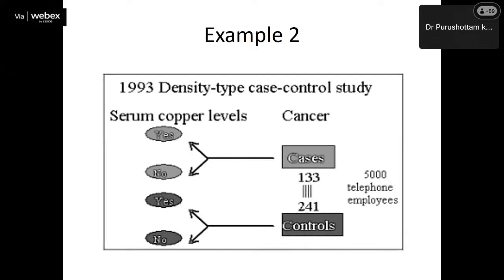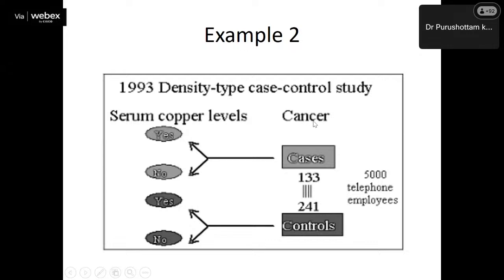Now this is example 2. Here in 1993 a density type or nested case control study was done. Here 5,000 telephone employees, they collected the blood sample of those persons, and over a period of 10 or 15 or 20 years, they wanted to see how many persons developed cancer, and the exposure here is the serum copper level.